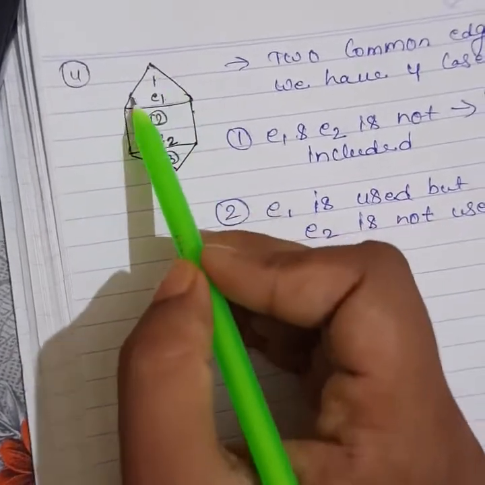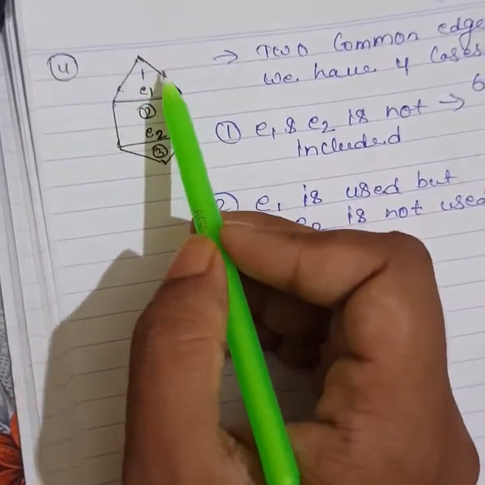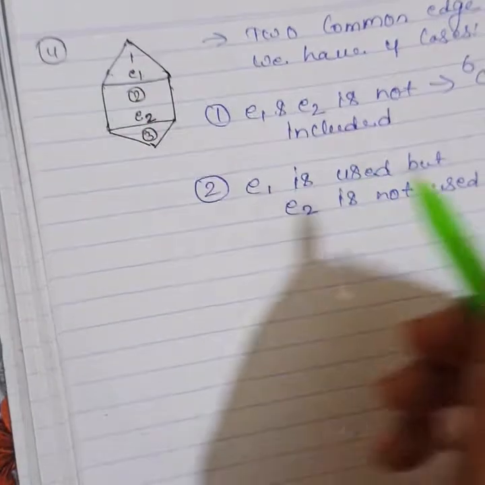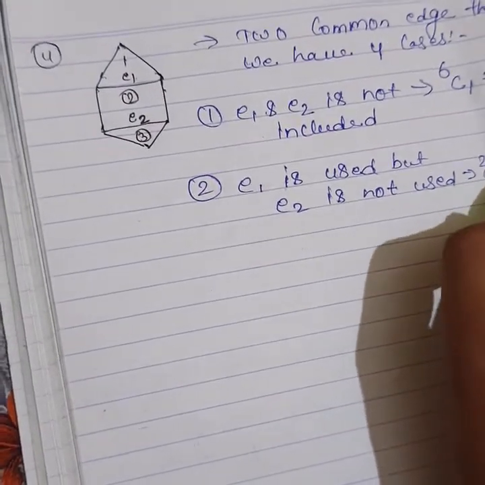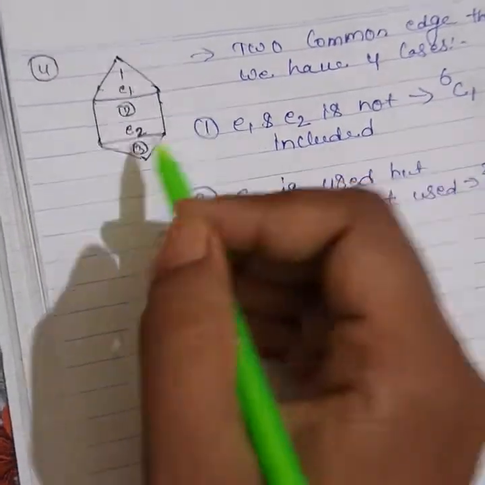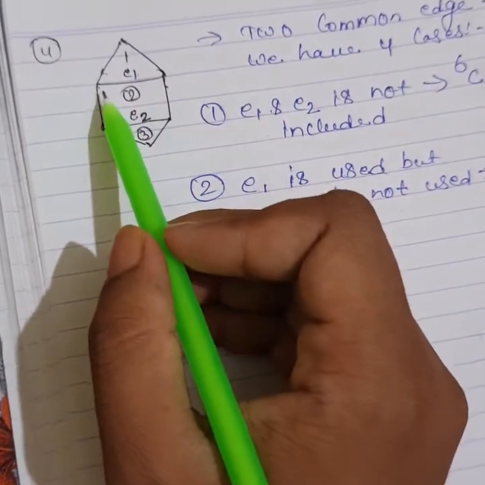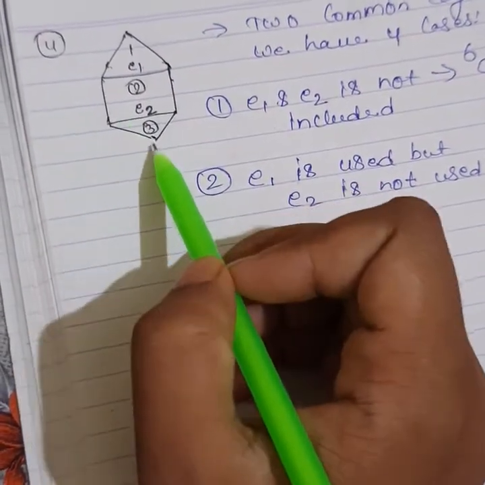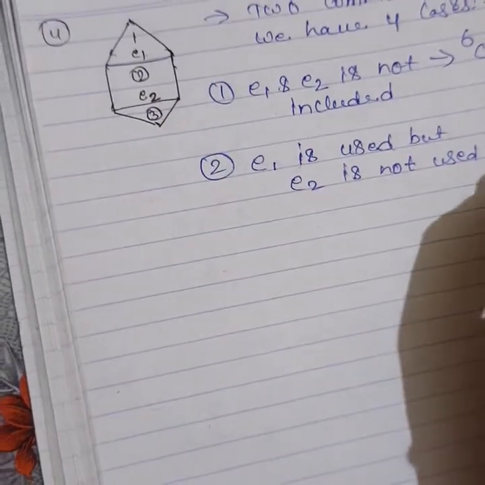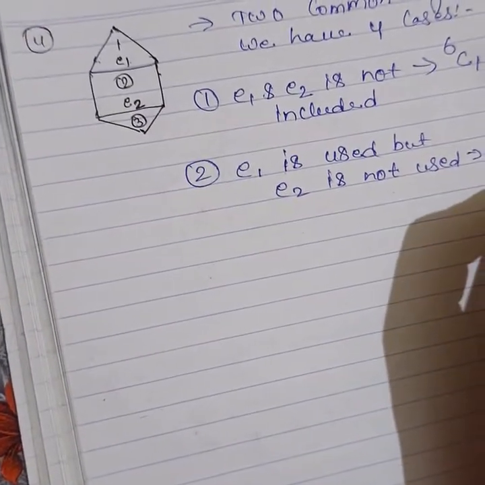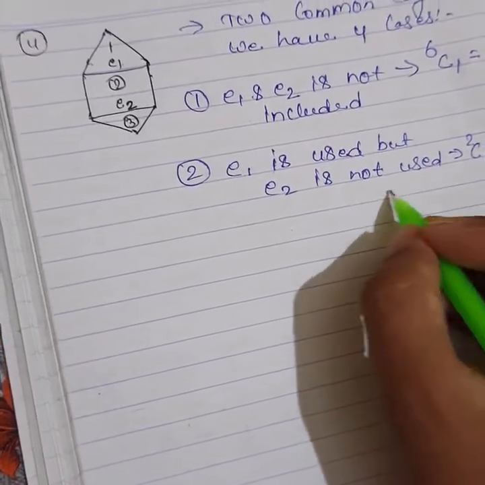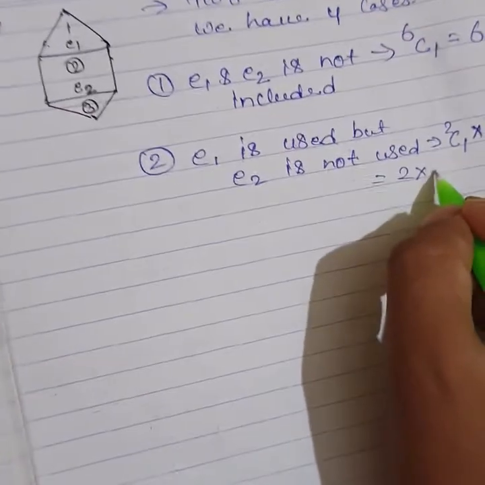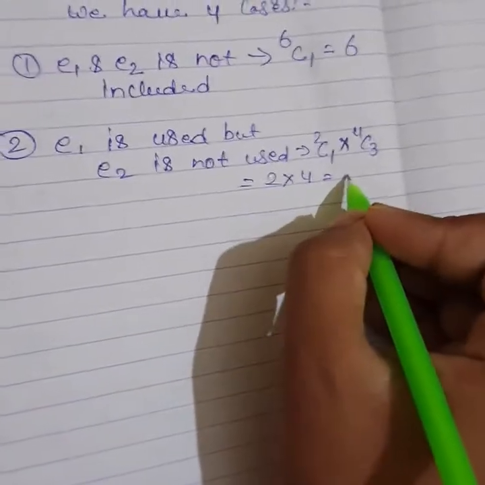In the first cycle there are 2 edges and we have to choose one of them. So we can write 2C1 into, and in the lower part we have 4 edges and we can choose 3 out of them. So 2 into 4 is equal to 8.